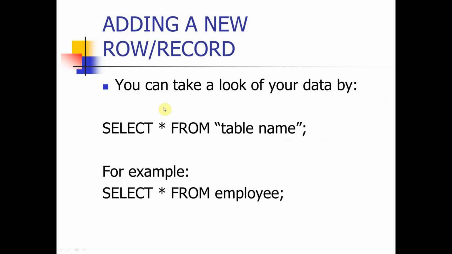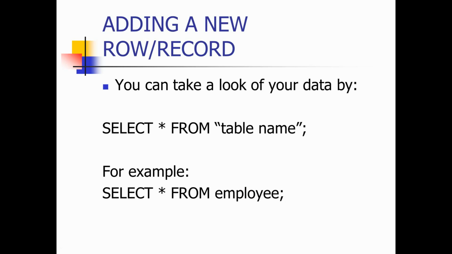So when we're trying to see the table, what we can do is SELECT, indicating I want to see the information. Star means I want to see all information from the table that you are interested in. And therefore, if you do SELECT star FROM employee, it will show you all 8 employees with all of the attributes.